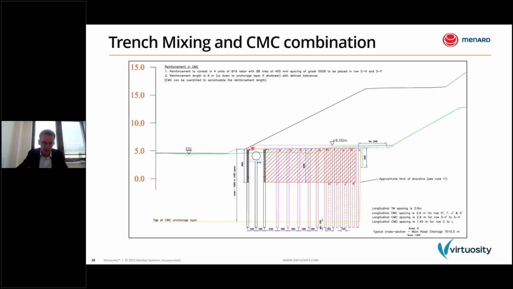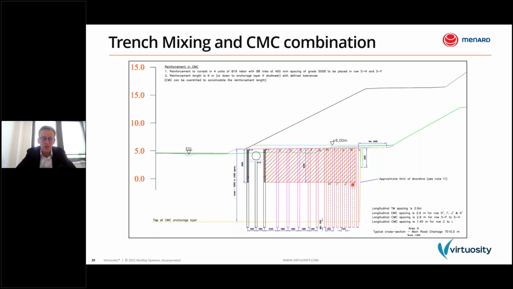And these trench mix walls, the hatched red block, were installed every 2 CMC lines, I will show you later. The only purpose of these walls was to provide a high horizontal stiffness and to intercept potential shallow slip circles. And they were installed to only 6 meters deep, so they were stopped in the soft layer.